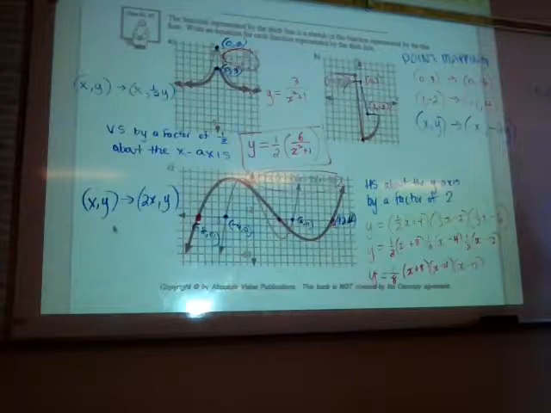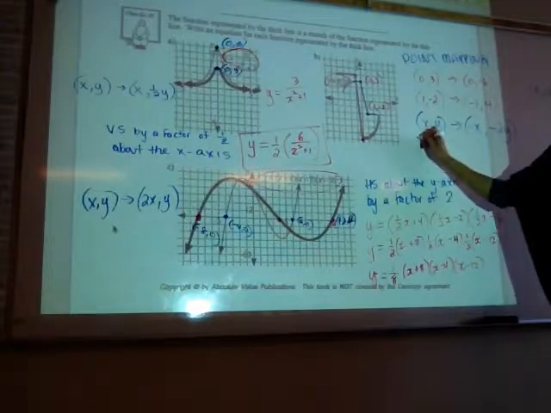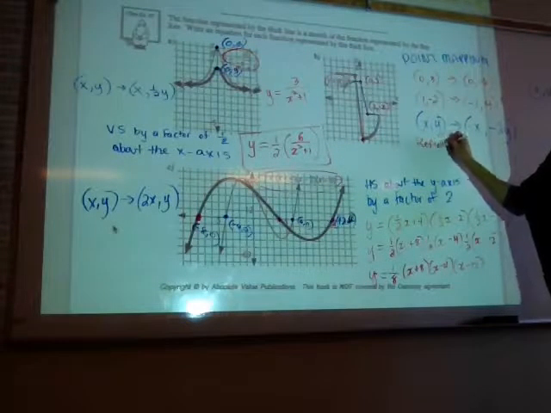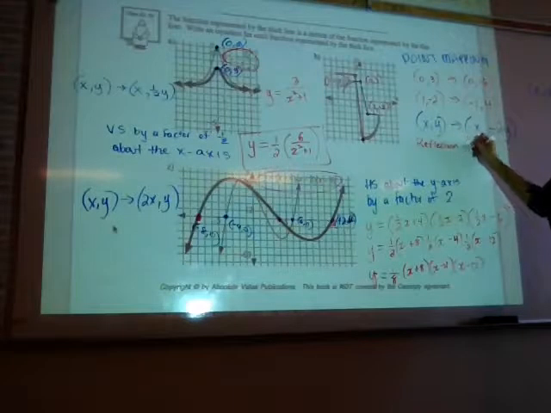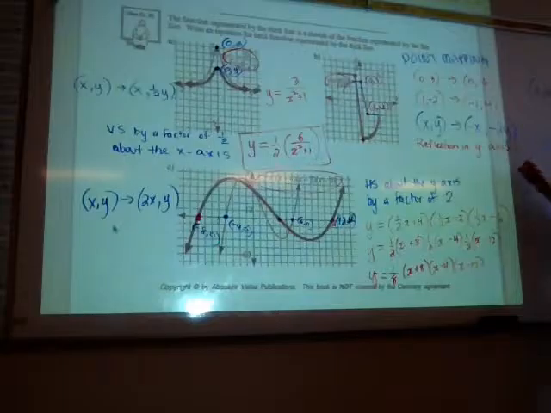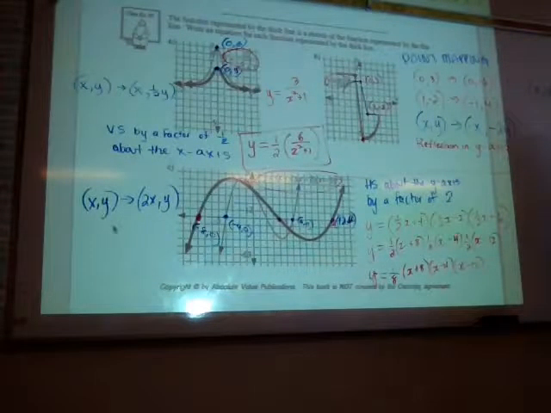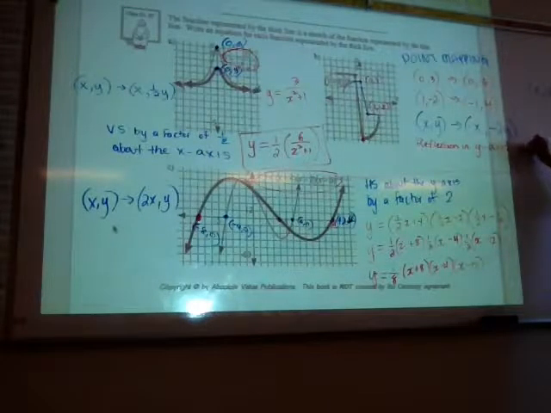So from that, we can conclude if x is changing signs, there's a reflection in the y-axis. Okay, if y is changing sign, what can we conclude? Also a reflection in the x-axis.